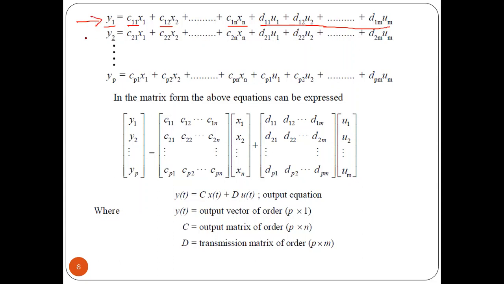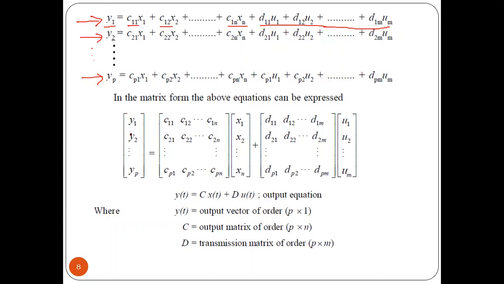Similarly, we take the relation for y2 in terms of x1 to xn and u1 to um, and so on. The last variable, yp, is related to x1 to xn and u1 to um linearly. Now, these total P equations are represented in matrix format like this.